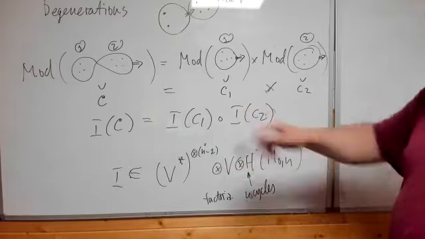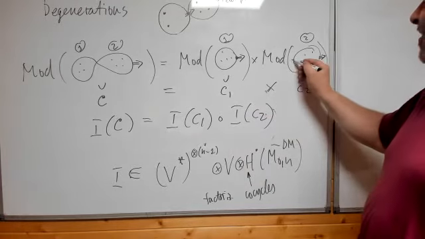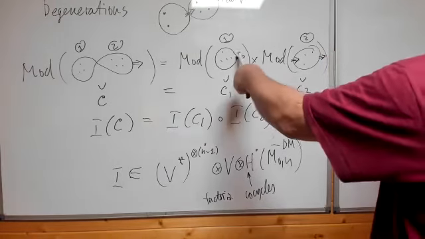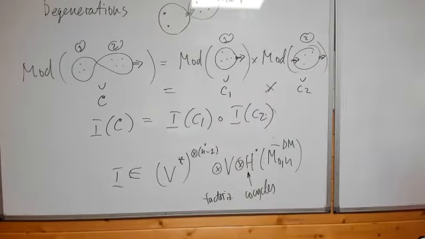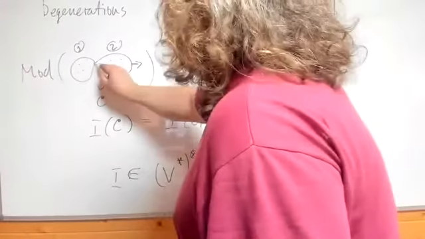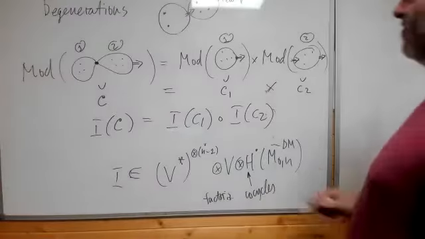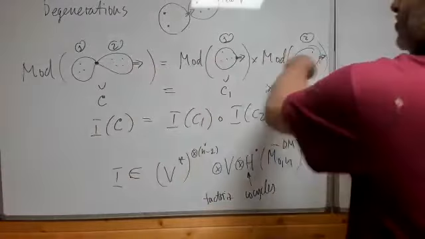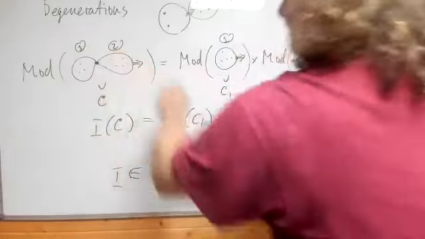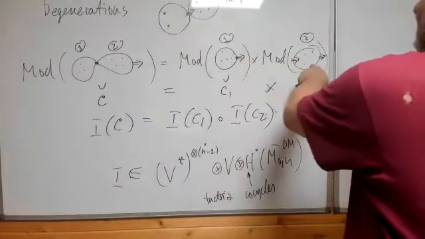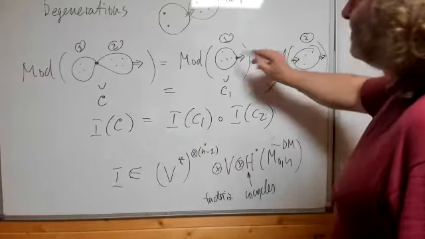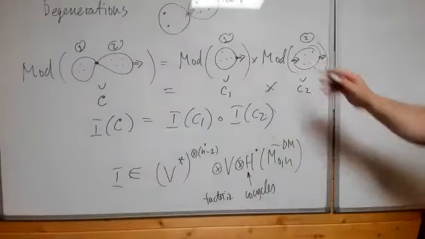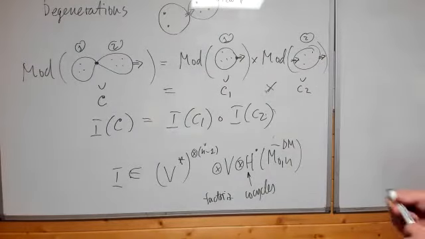When I say composition, I mean that here we have a very specific input where this output is coming. You see, we have a very special point. So when we decompose this nodal surface like this, we have a distinguished point on the first component and a distinguished point on the second component.